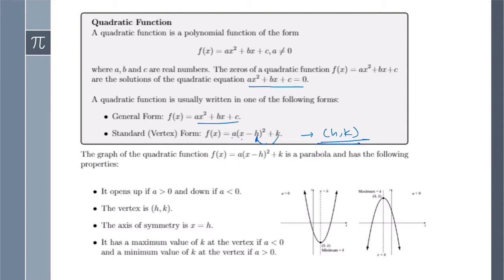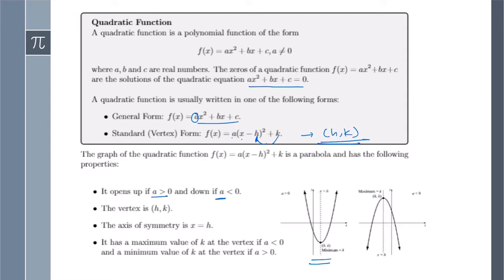There are a few properties or features of the quadratic function. The first one is, if this leading coefficient a is positive, then the graph will open up like this, or it is concave up. If a is negative, then it is concave down, or it opens down.